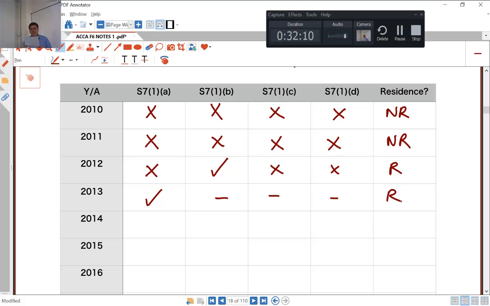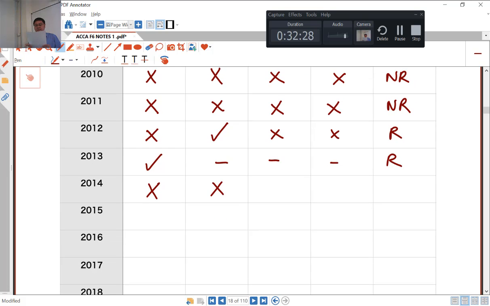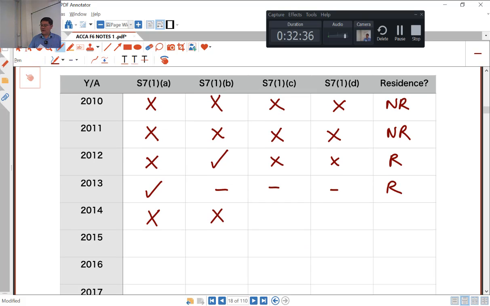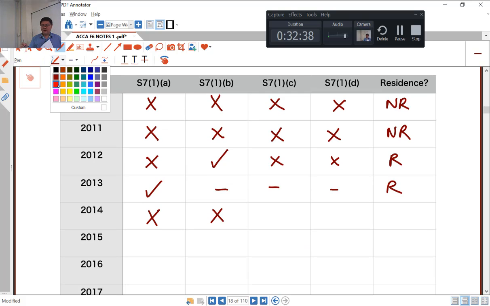Now 2014. In 2014, you only have 99 days, so you fail A. Now 2014, you notice the days are hanging in the middle of the year, from April to July. So you cannot use B because the link is not there. Can I use 71C? What's the first condition of 71C? 90 days, right? Do you have 90 days in 2014? Yes. Then you look at 3 out of 4.